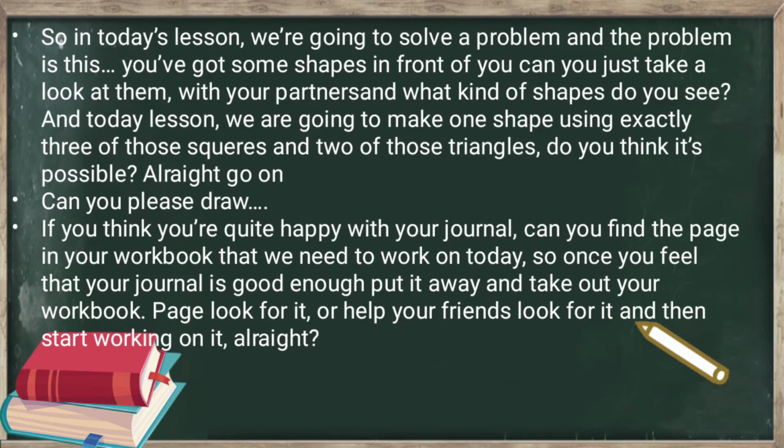So, in today's lesson, we're going to solve a problem, and the problem is this. You've got some shapes in front of you. Can you just take a look at them with your partner, and what kind of shapes do you see?